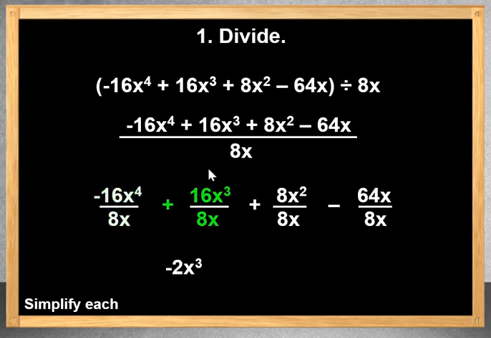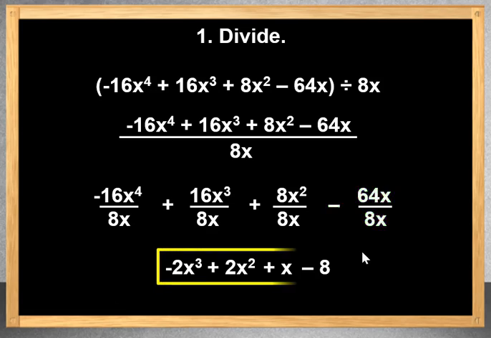Then divide again. 16 over 8 is positive 2. The exponent, 3 minus 1, is 2. The 8's cancel, and x squared, 2 minus 1 is 1, so it's just x. And then minus 64 divided by 8 is minus 8, and the x's cancel. And there you have your answer.